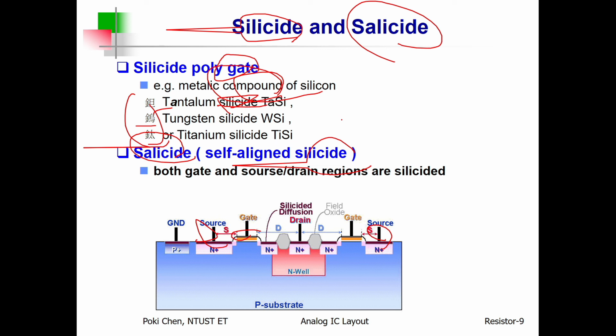However, if you would like to apply them for resistor, then you need to face a big problem because according to silicization, the resistivity for your gate, polysilicon, or your diffusion, the source and drain, will be substantially reduced.